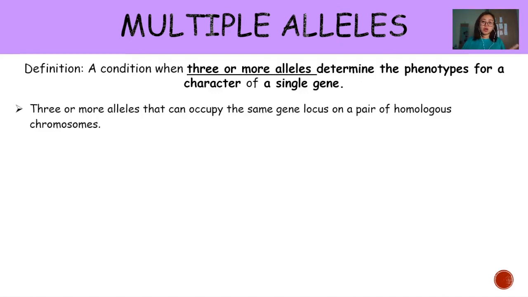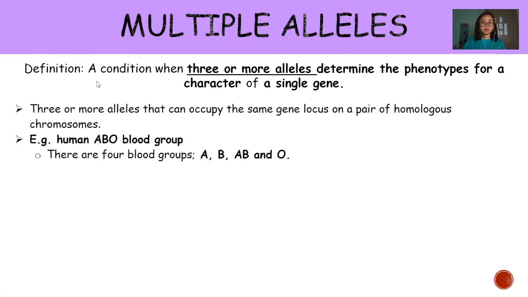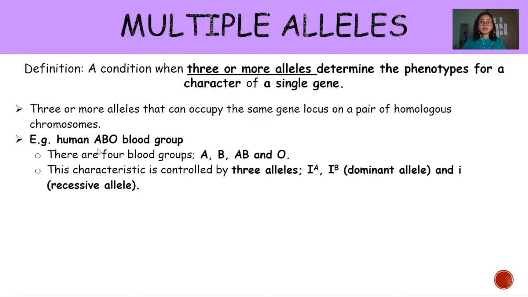These alleles will occupy the same gene locus on a pair of homologous chromosomes. The example is human ABO blood group. The alleles are IA, IB, and i. Ada buku yang akan gunakan IA, IB dengan IO. Itu terpulang pada kamu.